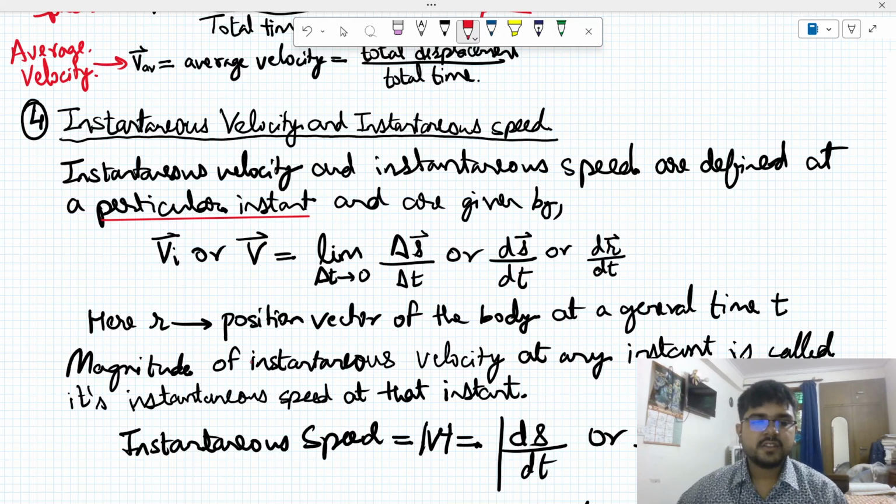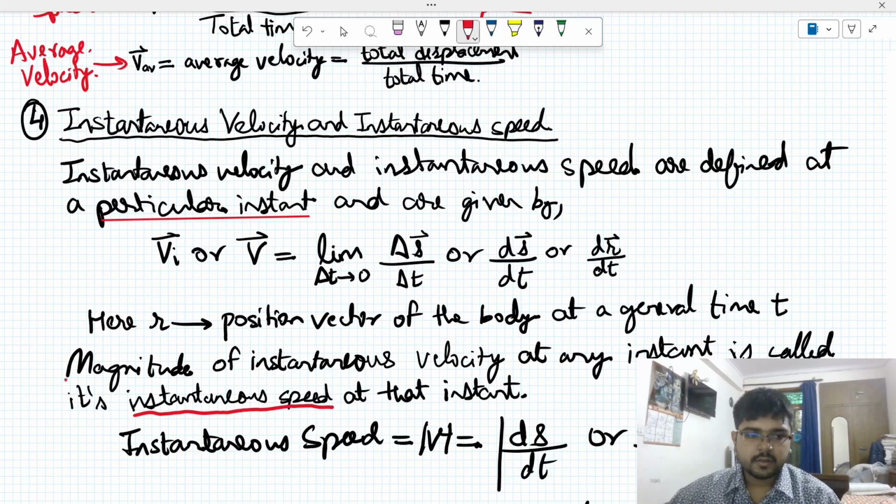Now the magnitude of instantaneous velocity at any instant is called its instantaneous speed at that instant. So this is instantaneous speed. I'll use the highlighter.